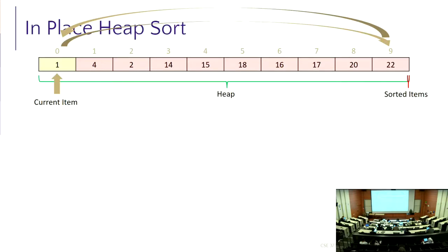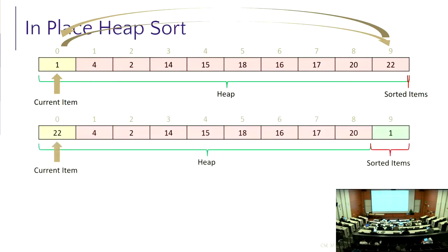Well, if you remember from the implementation, that item exists at size index, or size minus 1, technically. Like this 22 hanging out over here, that is the bottom rightmost element in the heap. And I know that it needs to swap in and take 1's place. And because we've removed min, we've reduced the size of the heap by 1, which is very convenient because now we have exactly 1 extra space left over in this array.